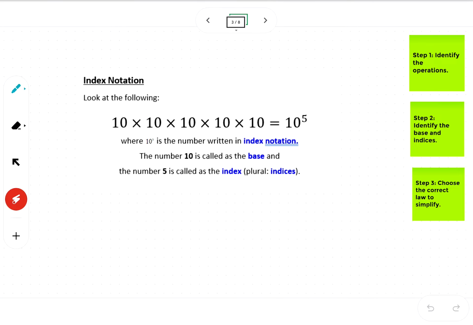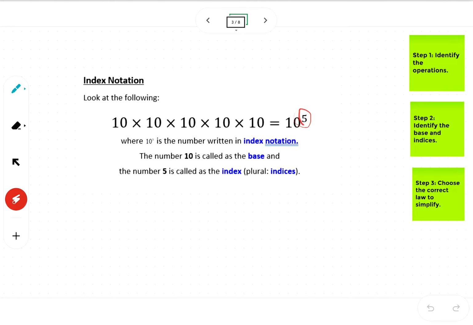So before we go into the laws or the rules, we have to revise what index notation is. For example, here we have repeated multiplication of 10 times 10 times 10 times 10 times 10. If we want to simplify this and write it as index notation, it will look like this: 10 with index 5.